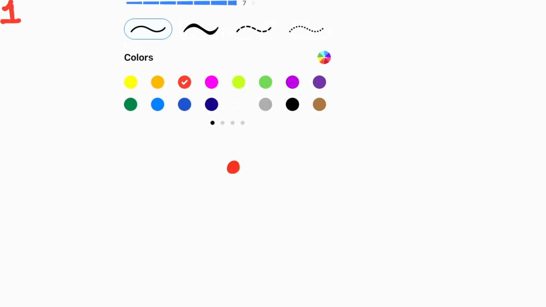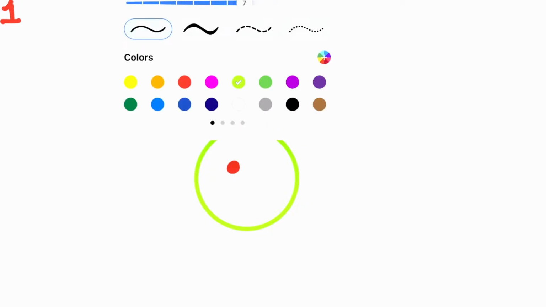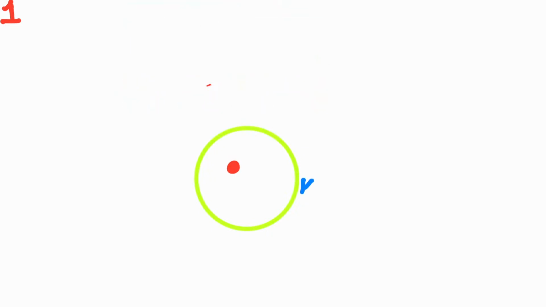So if this is the nucleus with the protons, let me start arranging the electrons now. This is my K shell.